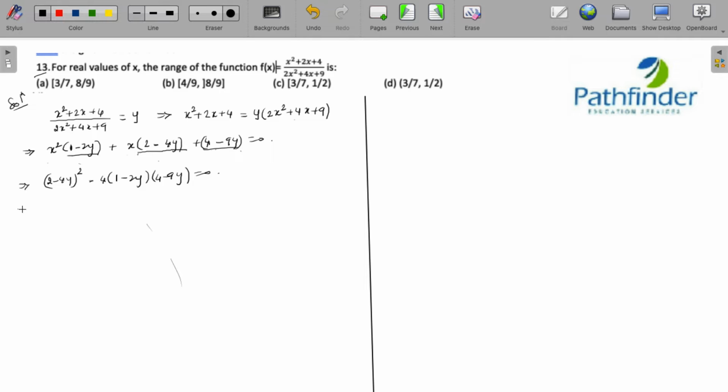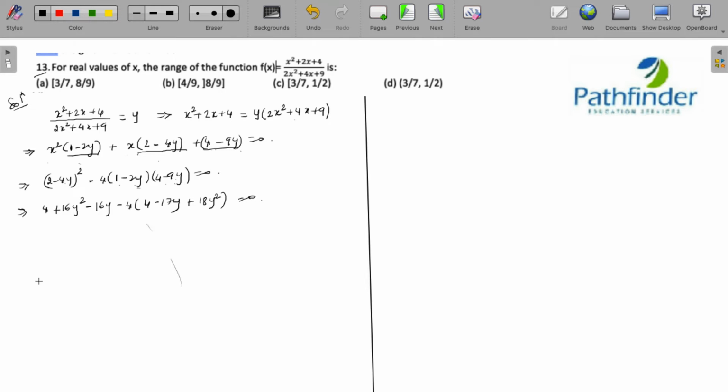So you expand this now. 4 plus 16y square minus 16y, minus 4 into (4 minus 9y minus 8y plus 18y square), so minus 17y, and plus 18y square.